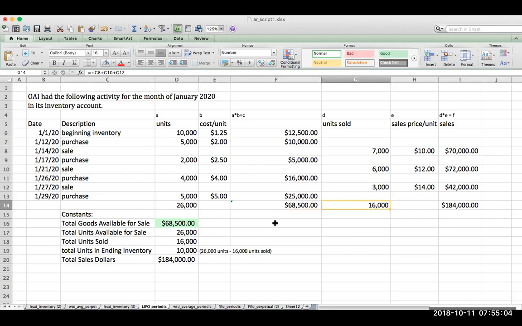So again, with periodic, this is much easier than perpetual because we basically assume that everything happened right here at the very, very end of the period.